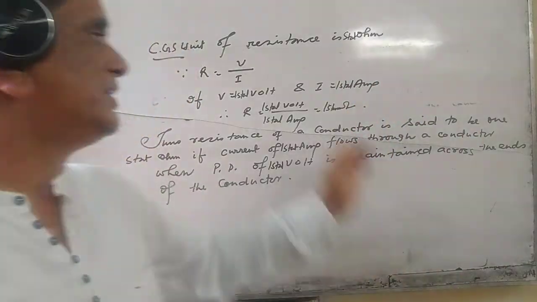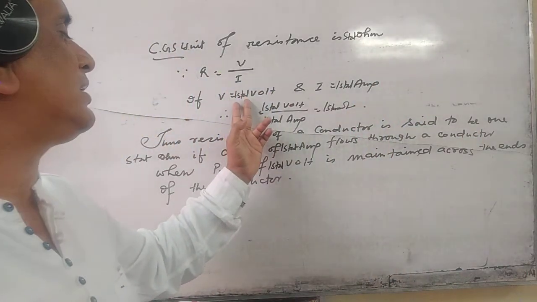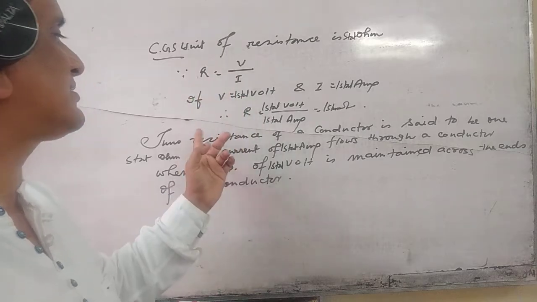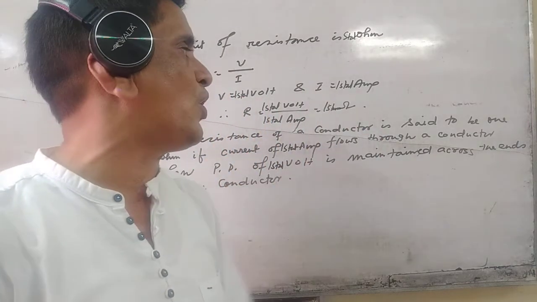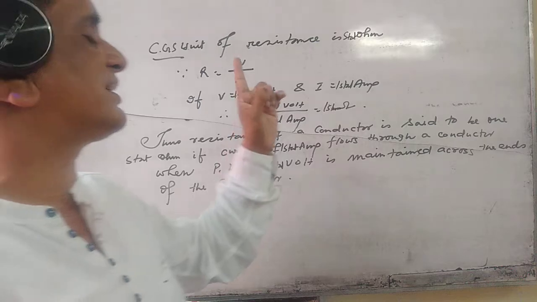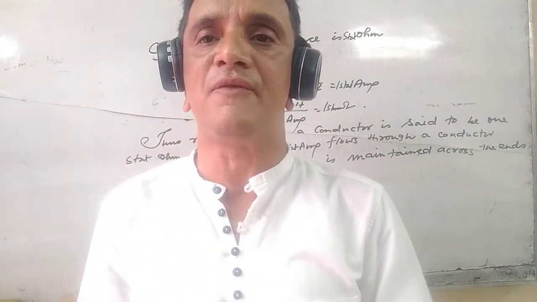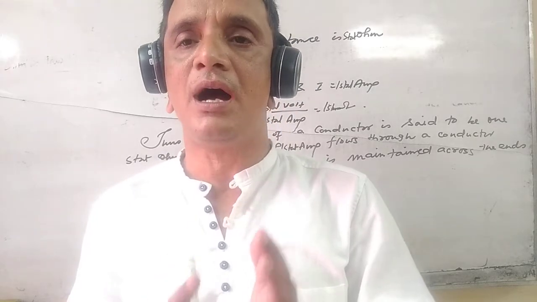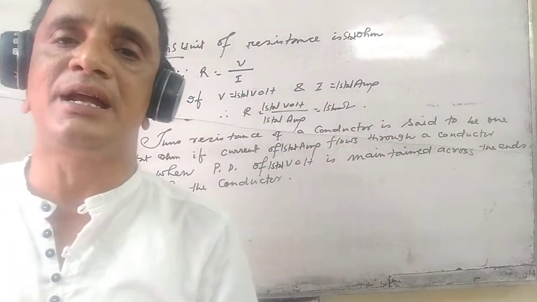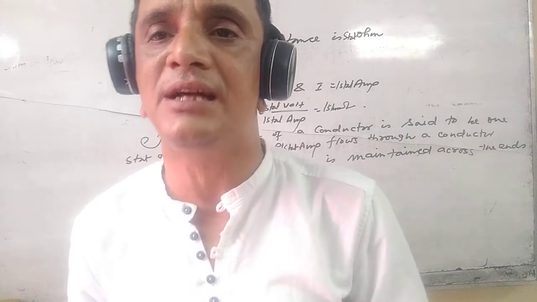AB ohm. The resistance of a conductor is said to be 1 AB ohm if the current flowing through the conductor is 1 AB ampere when the potential difference of 1 AB volt is maintained across the ends of the conductor. My point is clear.